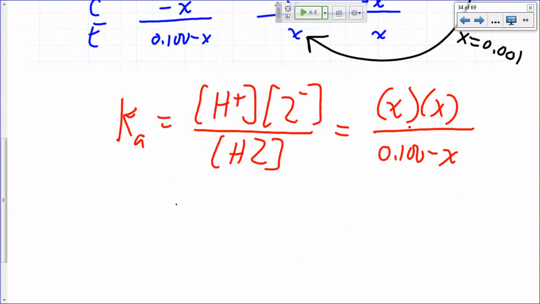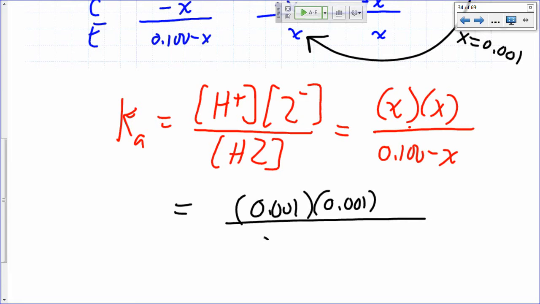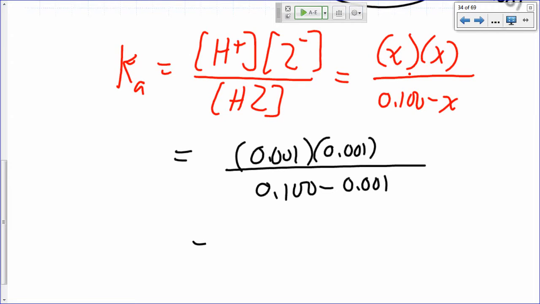So if I know what my X is, what can I do now? I can solve for Ka. How do I solve for Ka? 0.001 times 0.001 over 0.100 minus 0.001. And that gives me 0.000001 over 0.099, right?